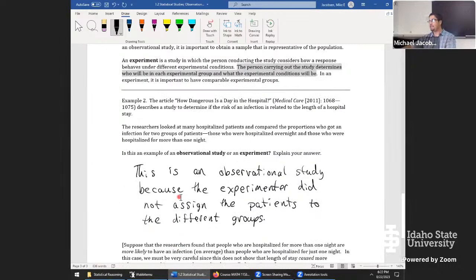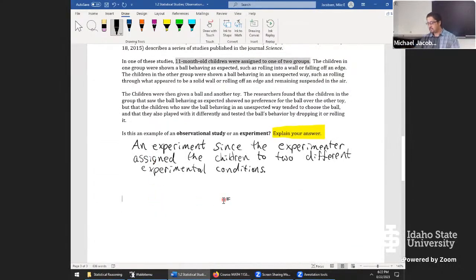I'll put here just briefly, since this is an experiment, the researchers can establish cause and effect in their conclusions.